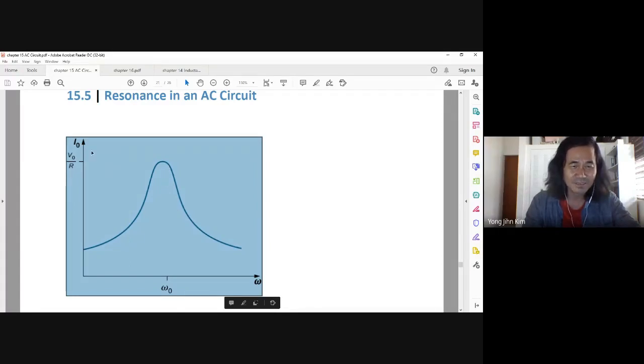So current amplitude is V0 over R. It looks like there is no inductor or capacitor. So the inductor and capacitor compete and they kill each other. So electric current amplitude is just V0 over R, according to Ohm's law.